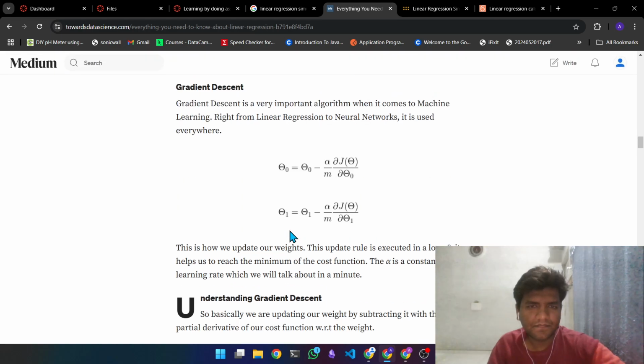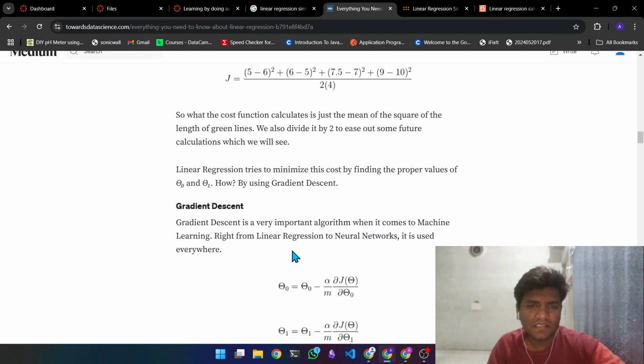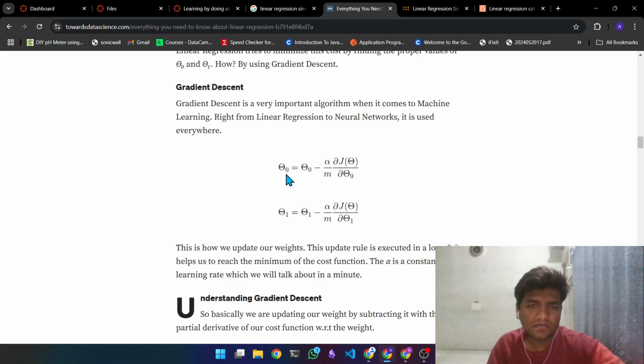Here is the equation, the gradient descent. So we have theta 0 is equal to the previous value of theta 0 minus alpha divided by m. M is the total number of observations. Alpha is a scalar. We will talk about alpha in a bit.